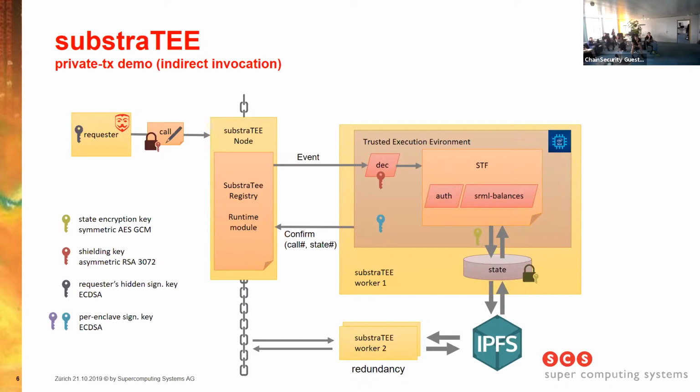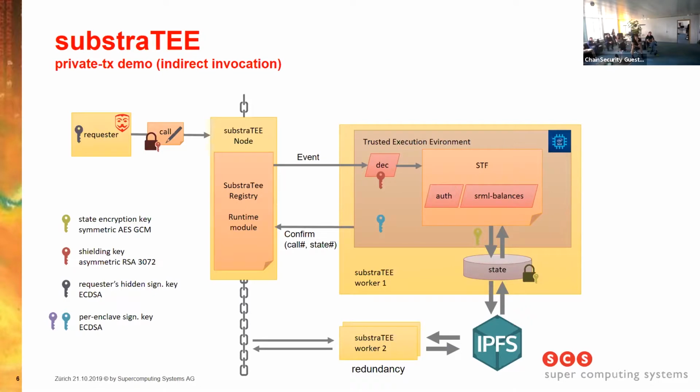What is special about this is we actually instantiated the same logic which runs in substrate blockchains within the TEE. So we didn't come up with our own token contract. We took the same code that Parity wrote and instantiated it in a TEE. So here we have the whole token logic.